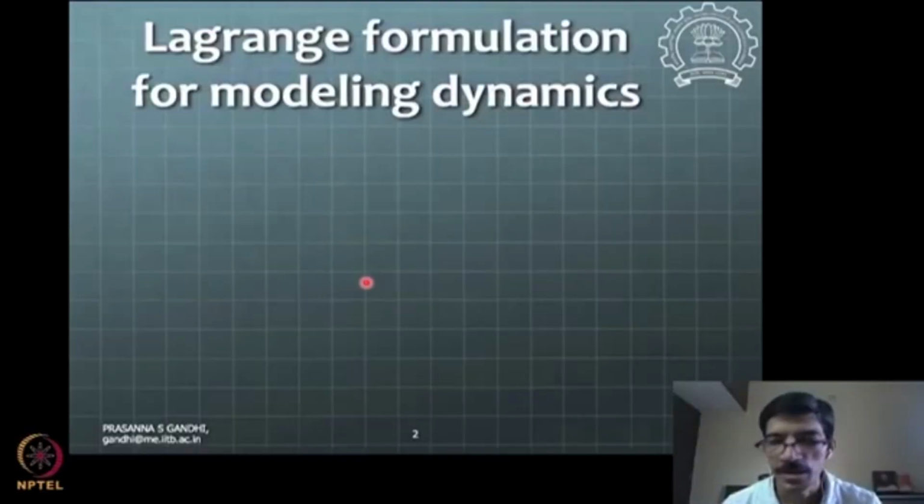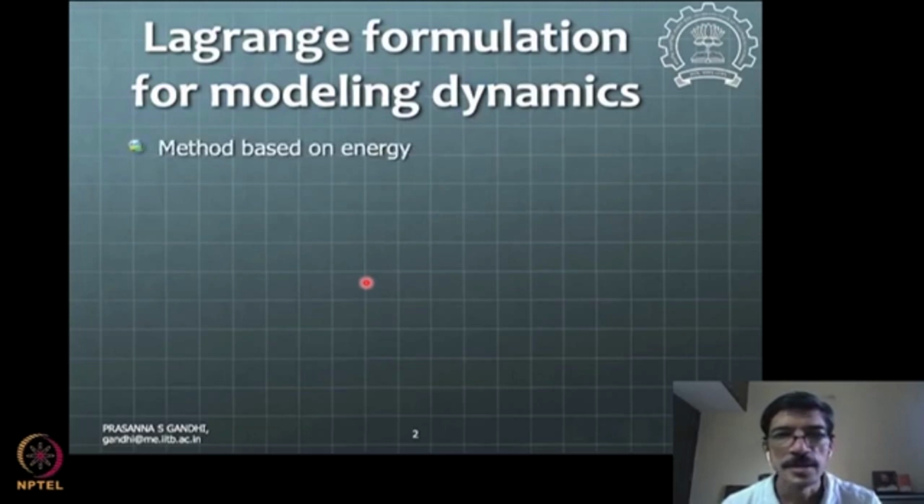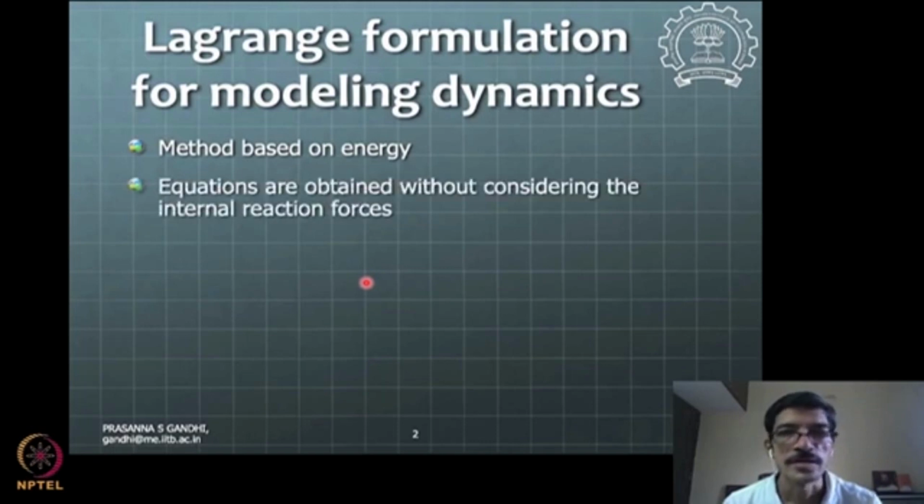So this Lagrangian formulation is basically a method based on energy. So you don't need to really worry about the free body diagrams that you draw in the case of Newtonian formulation. So this is purely based on energy, and we'll see how it is effective in many different cases.